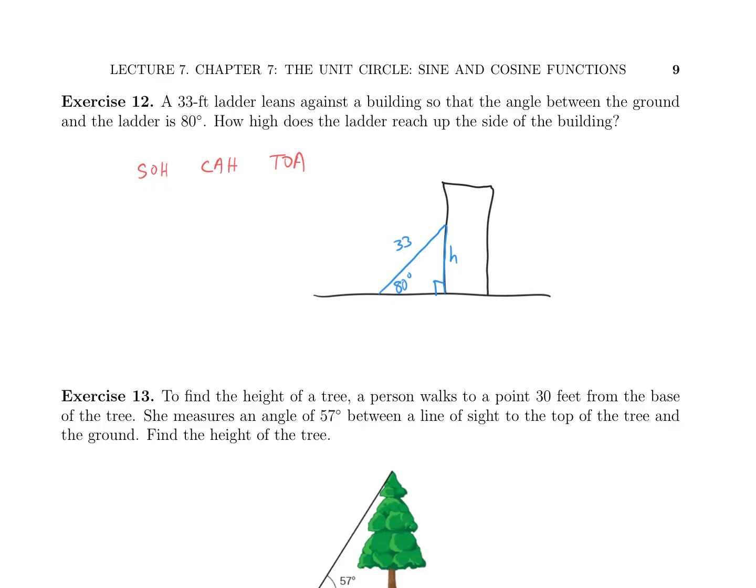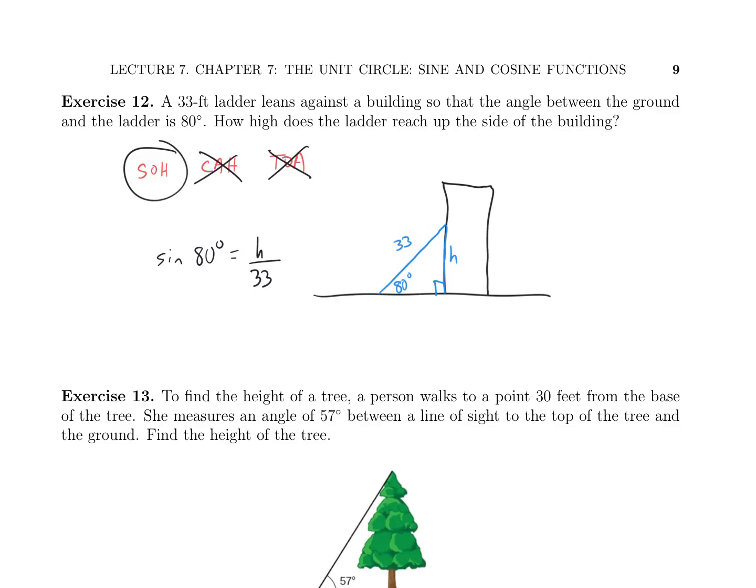So we're not going to apply these because they don't apply. What applies is the sine function. Sine of 80 degrees is equal to the opposite, which is h, over the hypotenuse, which is 33. Once again, the opposite is h, and the hypotenuse is 33. That's what the OH stands for, opposite over hypotenuse.